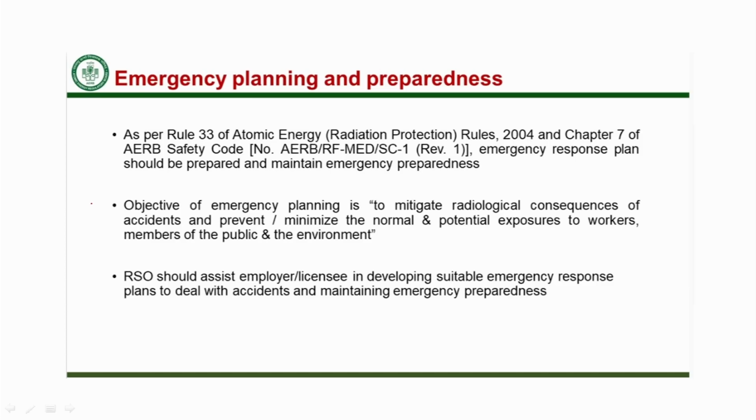This is as per Rule 33 of the Atomic Energy Radiation Protection Rules RPR 2004, chapter number 7. An emergency response plan should be prepared. The objective of emergency planning is to mitigate radiological consequences of an accident and minimize the normal and potential exposure to workers, members of the public, and the environment. The RSO, that is the Radiological Safety Officer, should assist the employer licensee in developing suitable emergency response plans to deal with such an accident.